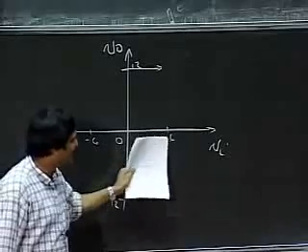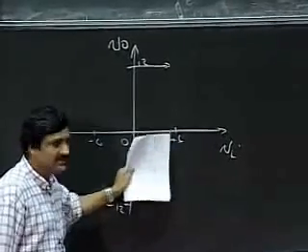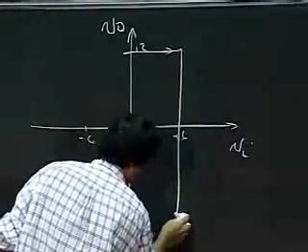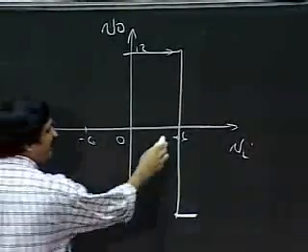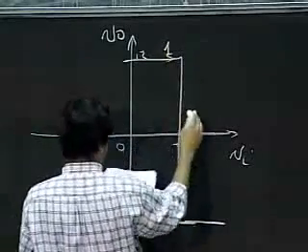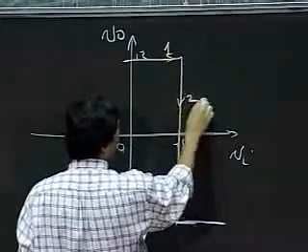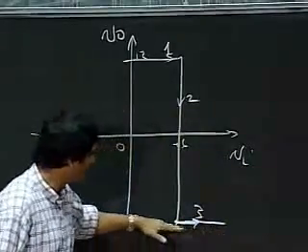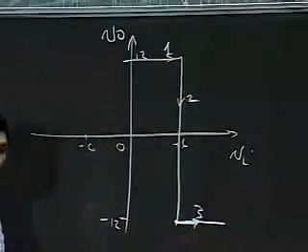So my input kept increasing. When the input hit plus 6, what happened to my output? My output swung down to minus 12. As the input kept increasing, nothing happened. So this was step 1. This was step 2, step 3. As the input kept increasing, output stayed at minus 12 volts.